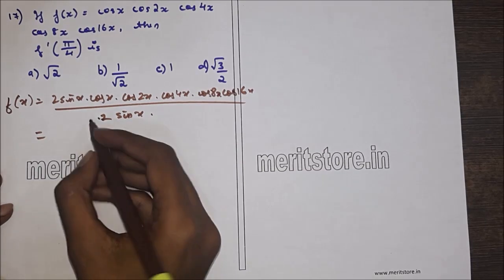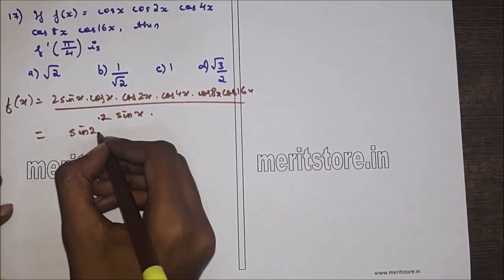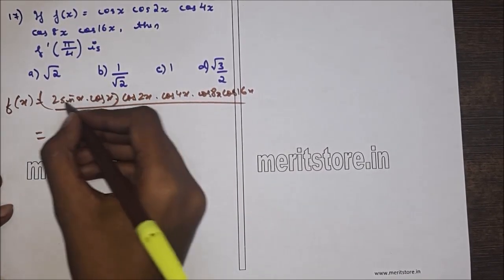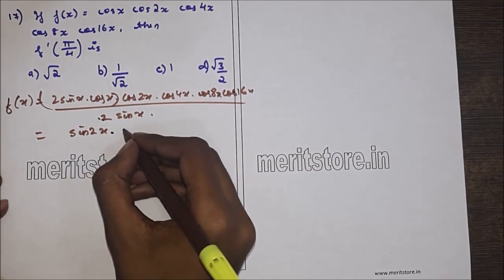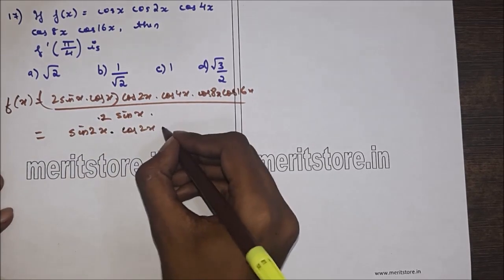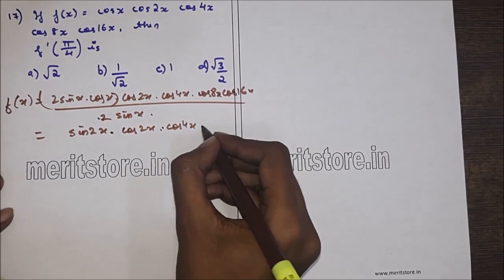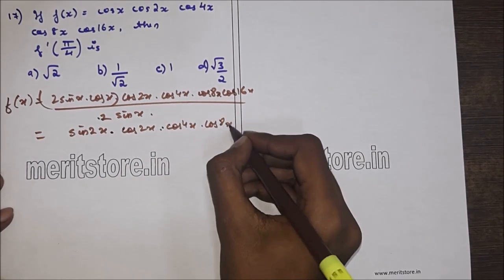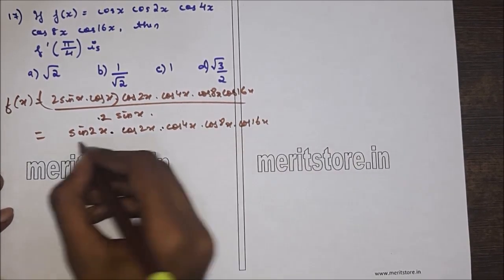So this is sin 2x, 2 sin x cos x. So sin 2x cos 2x cos 4x cos 8x cos 16x divided by 2 sin x.